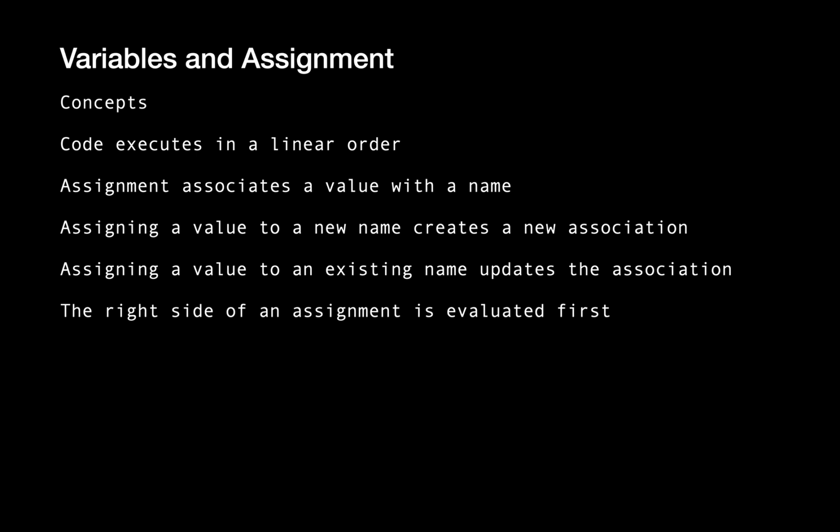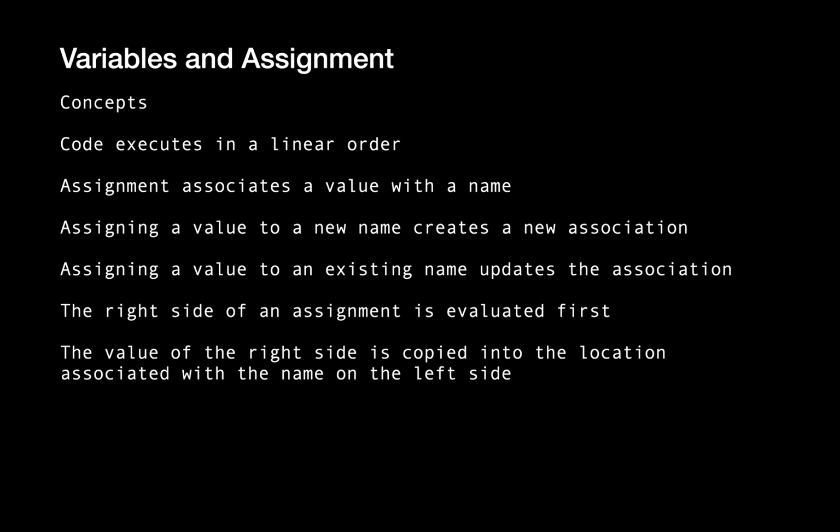That the right side of an assignment is always evaluated first using the existing information in a table, and that the value of the right side is copied into the location associated with the name on the left side. So if we keep these rules in mind, we can always predict what a series of assignments is going to do and how the computer will view memory when the code is finished executing.